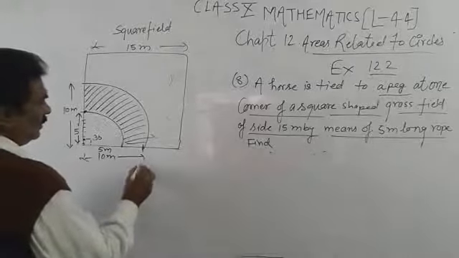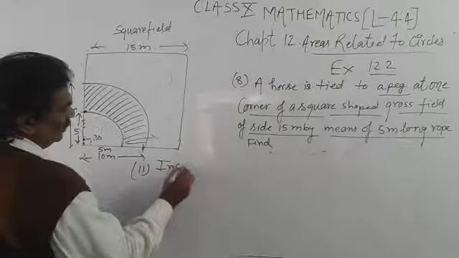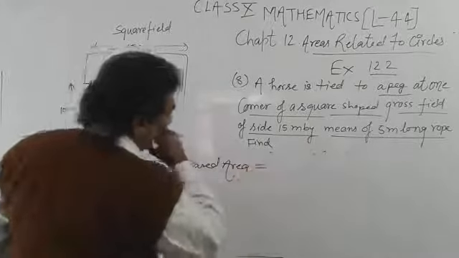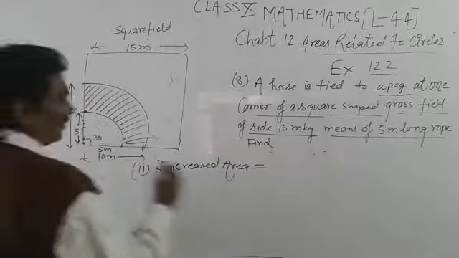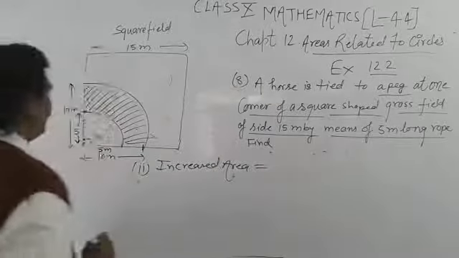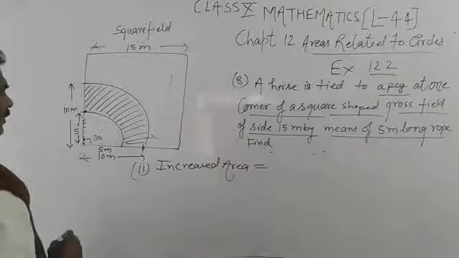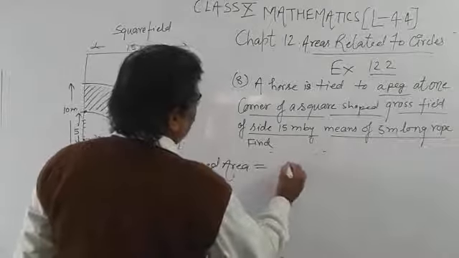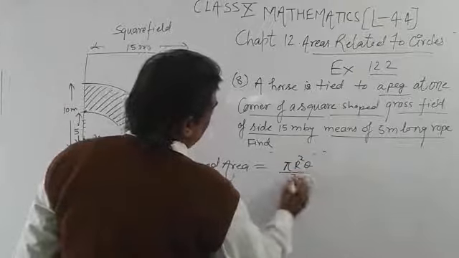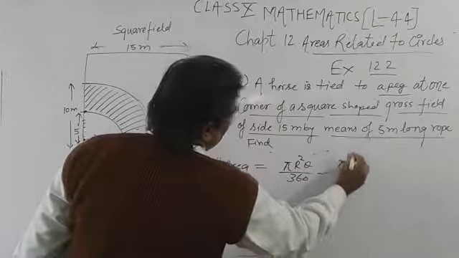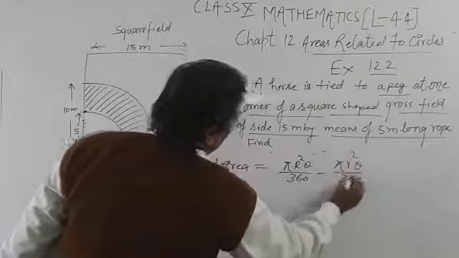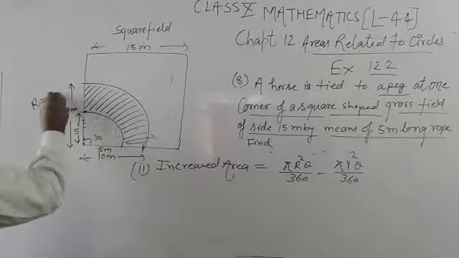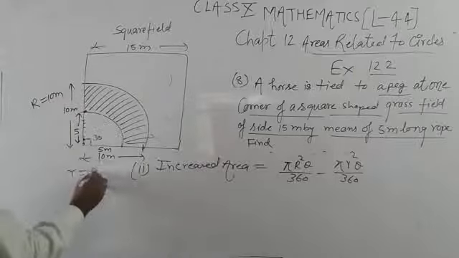Second part, increased area is equal to pi capital R square theta upon 360 minus pi small r square theta upon 360. Students, here capital R is equal to 10 meter and small r is equal to 5 meter.